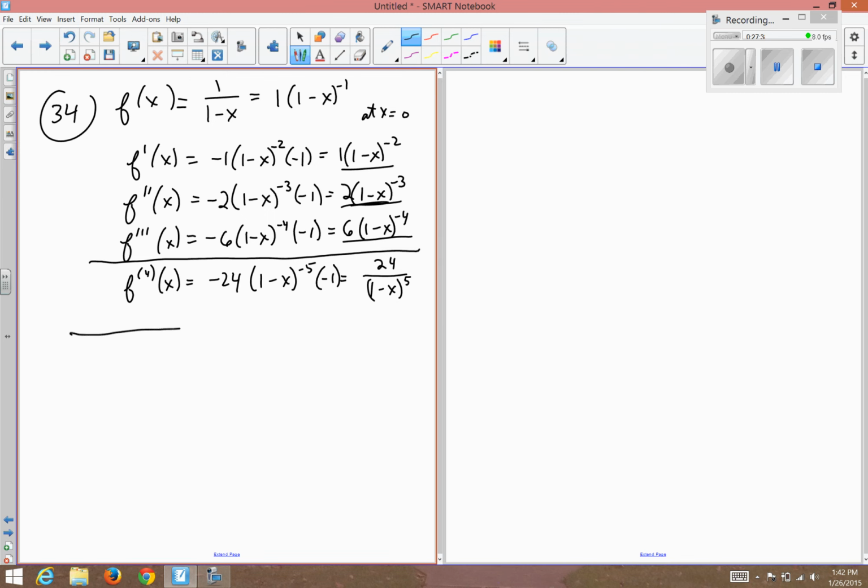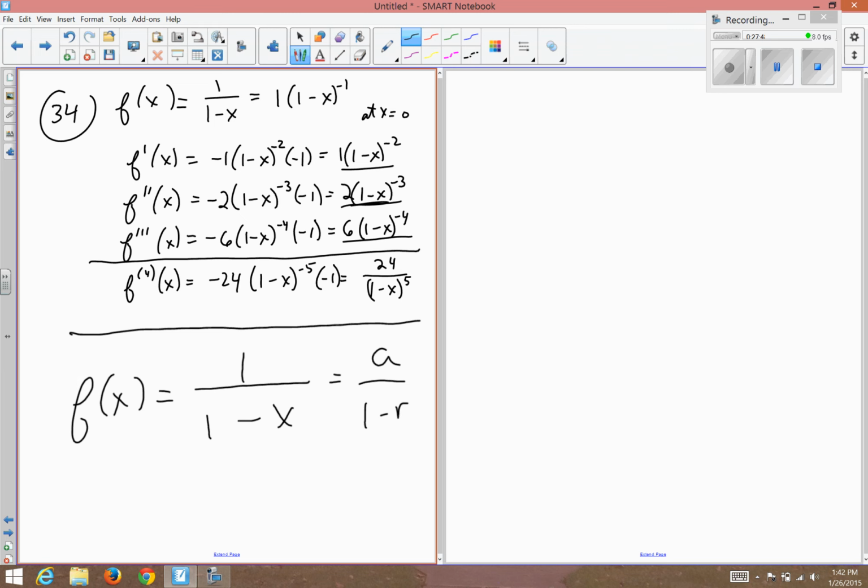Well, I would like to point out that this is that special case where it's in the form of a over 1 minus r, which means it's geometric, where a, the first term, is that, and r is what's after the minus sign.